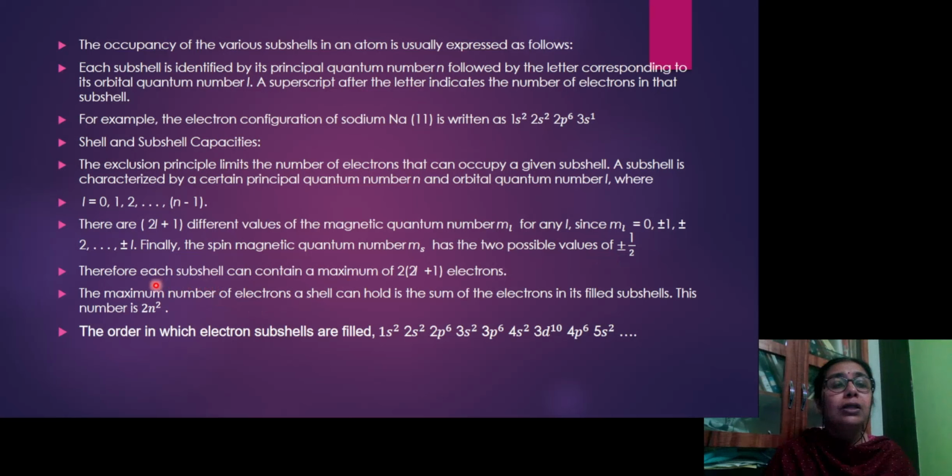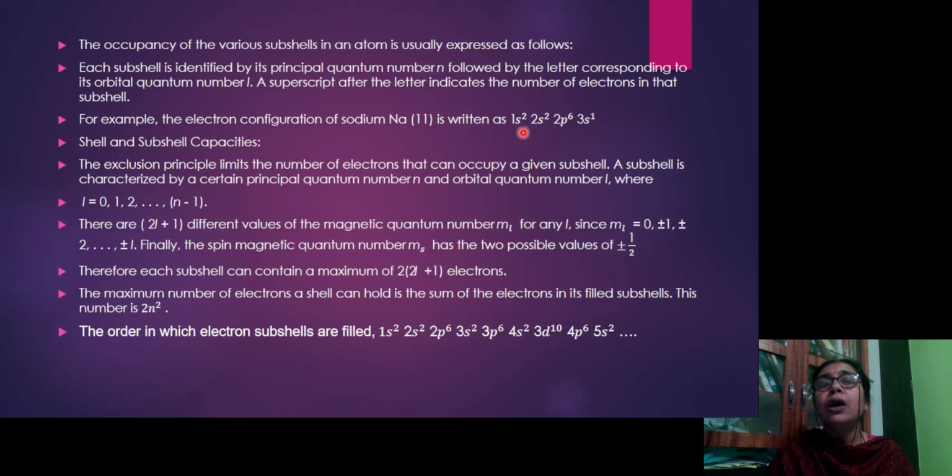Therefore, the number of electrons that a subshell can contain is a maximum of 2 multiplied by 2L plus 1 electrons. This 2L plus 1 is because of the 2L plus 1 values of ml, and this 2 is because there are two values of ms. So for each orbital quantum number L, one can have a maximum of 2 into 2L plus 1 electrons.